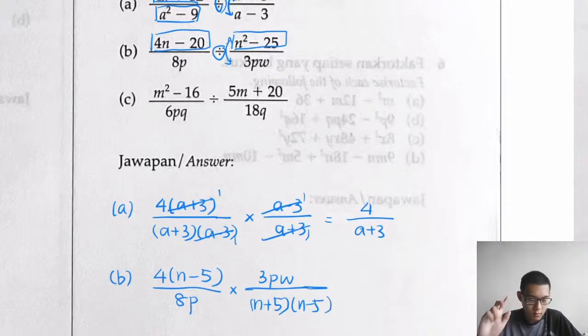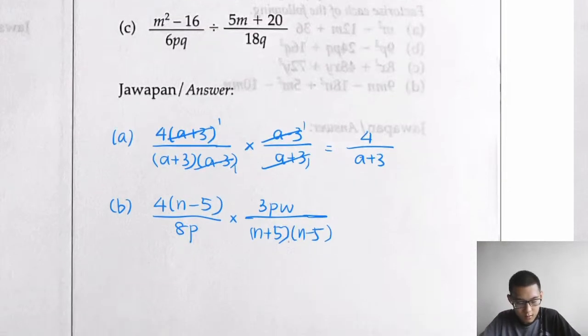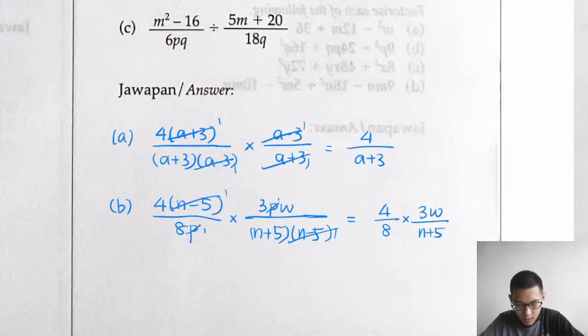So here we have p and p. So now we are left with 4 over 8 times 3w over m plus 5. Since 4 over 8 becomes 1 over 2, now we have 3w over 2 times m plus 5. Done.